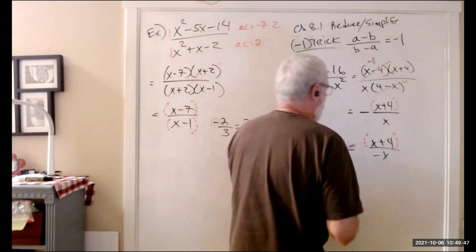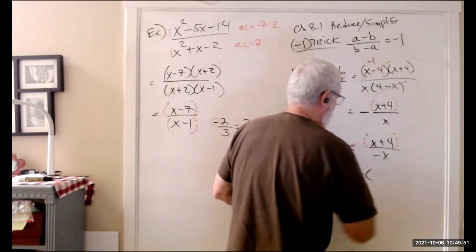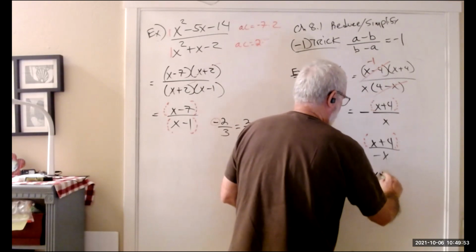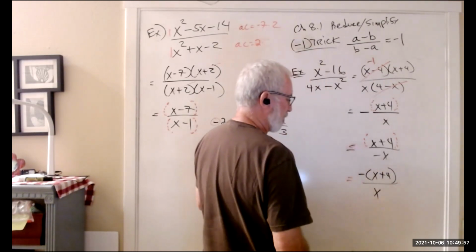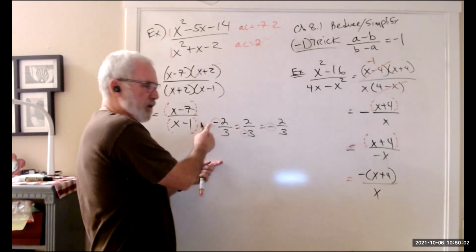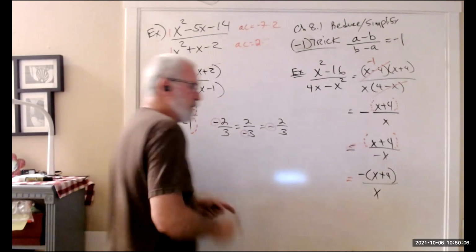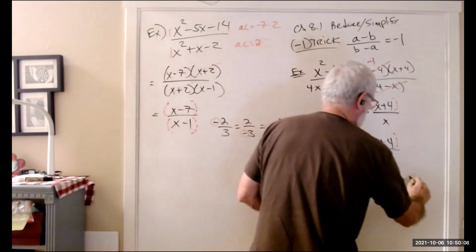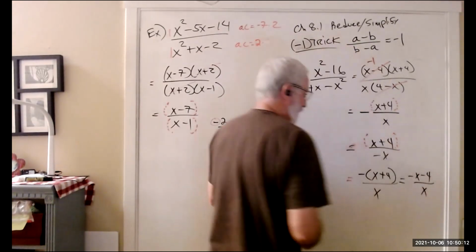If you put it on top, remember it has to distribute through the numerator. If you put the negative sign in the numerator on top, then you have to distribute it to become -x minus 4 over x.